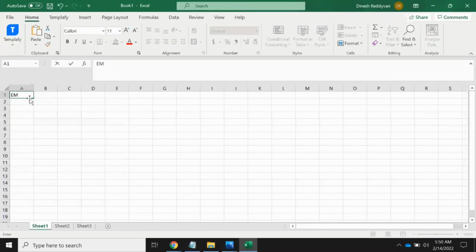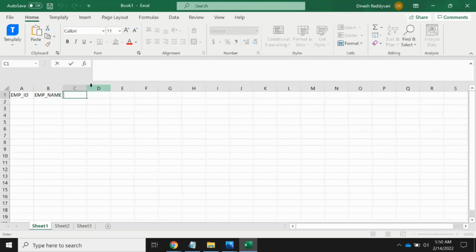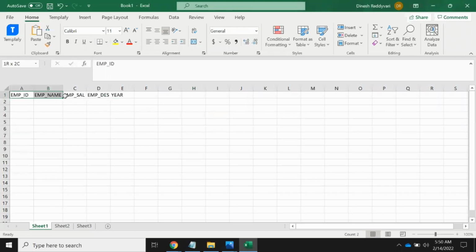We have these details: employee ID, employee name, employee salary, which changes every year, and at the same time employee designation, and then the year. Okay, now we have these details.